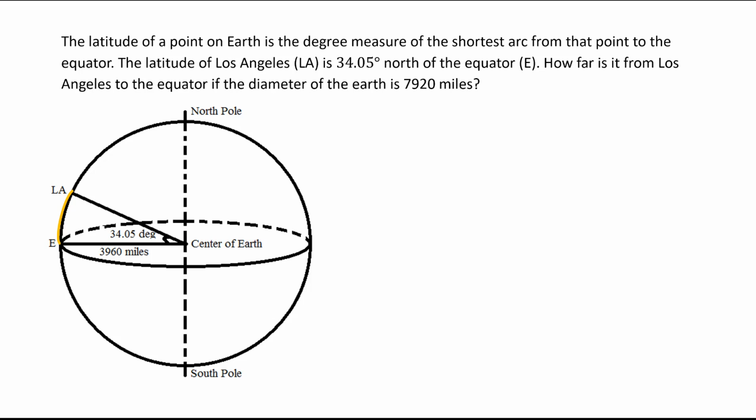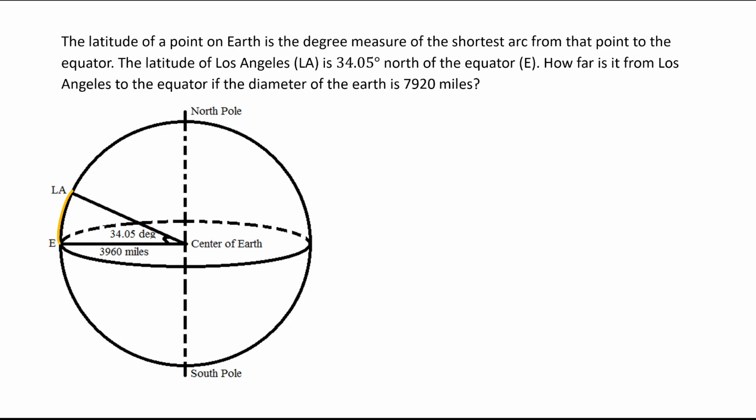The latitude of a point on Earth is the degree measure of the shortest arc from that point to the equator. Okay, so you can see that yellow arc there. The equator is the horizontal circle that goes around the Earth.